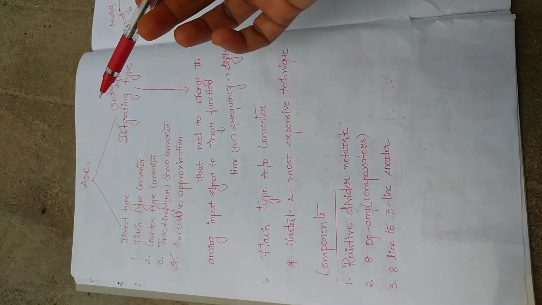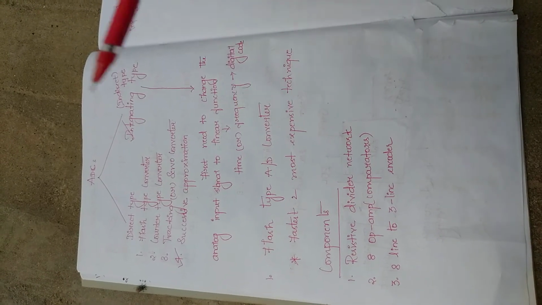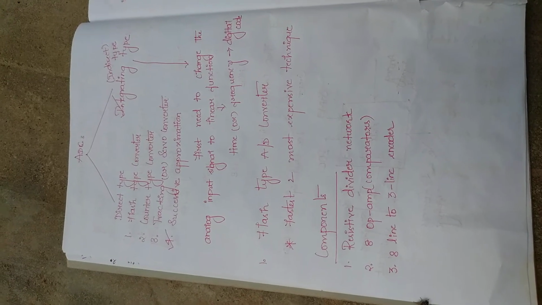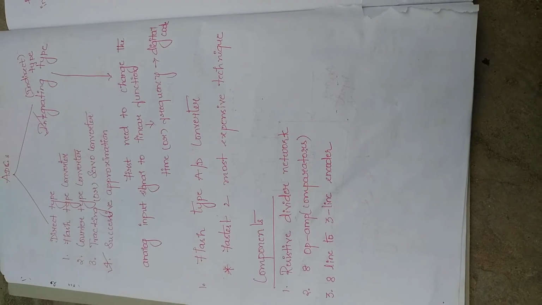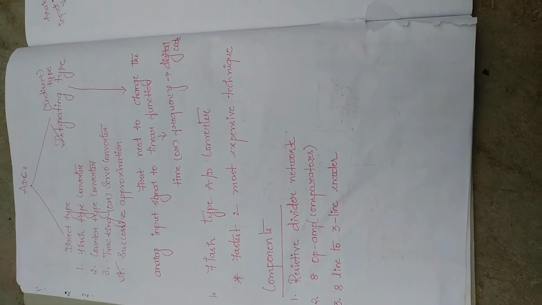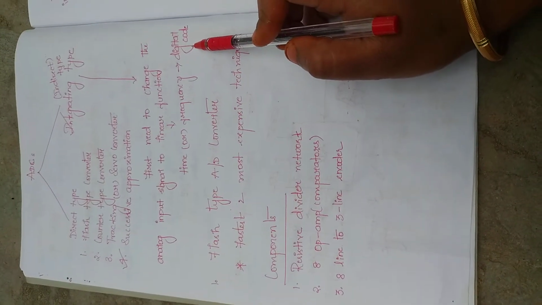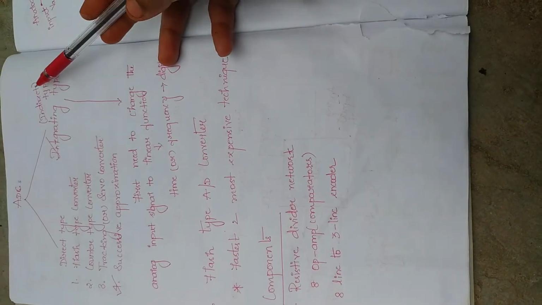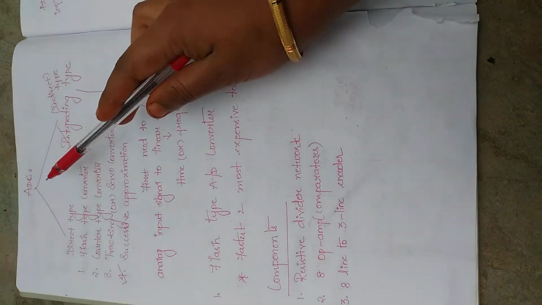Hence it is called indirect type of conversion. First step, you convert it into a linear function, that is time or frequency. You change the analog input signal into time or frequency and then into digital codes, that is, into the form of zeros and ones. So it is called the indirect type or integrating type ADC.